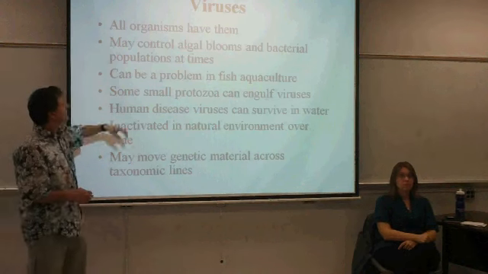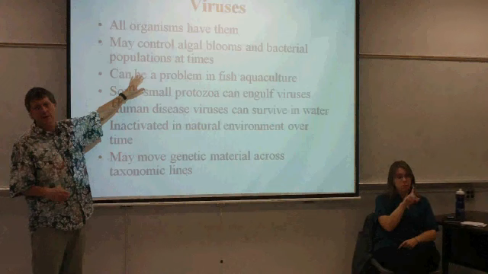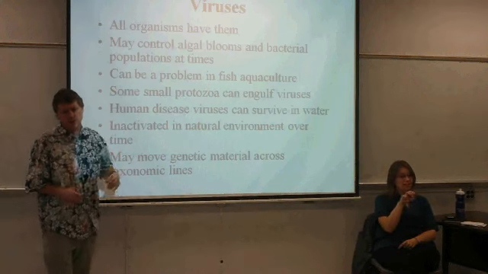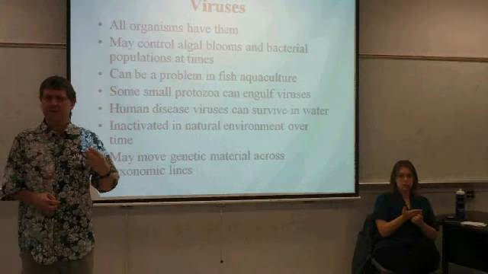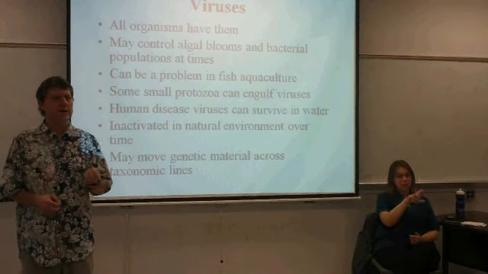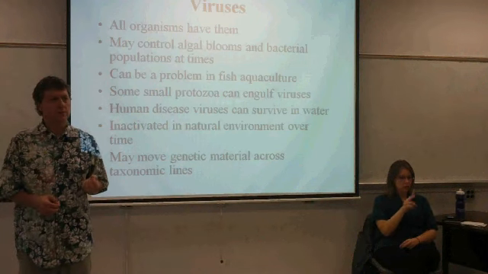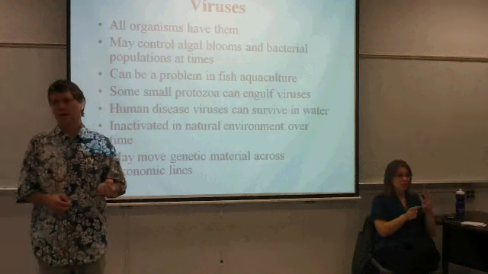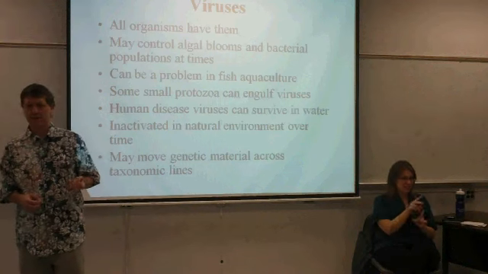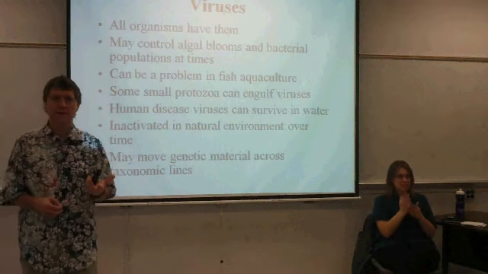And it appears that they can control algal blooms and bacterial populations at times. So the research that's gone on has shown that organisms like cyanobacteria that form very dense, unispecific blooms actually can be resistant to viral attack, viral infection. And they have to evolve that ability essentially, and it somehow costs them energy.